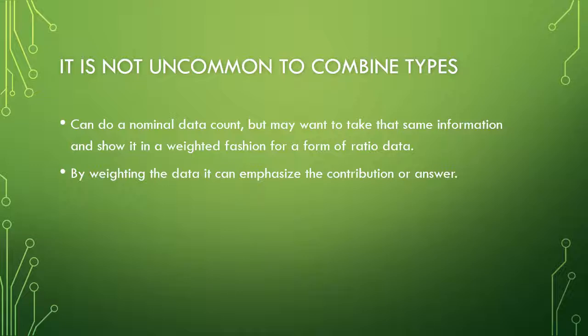By weighting the data, I mean that you're putting numbers to the responses and giving one type of response more weight or more emphasis than another type. This is very complex, and we can talk about this in person later, which we will do. But I want you to at least be exposed to it through this PowerPoint.